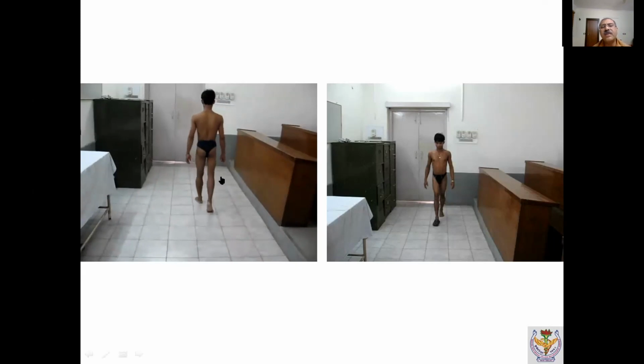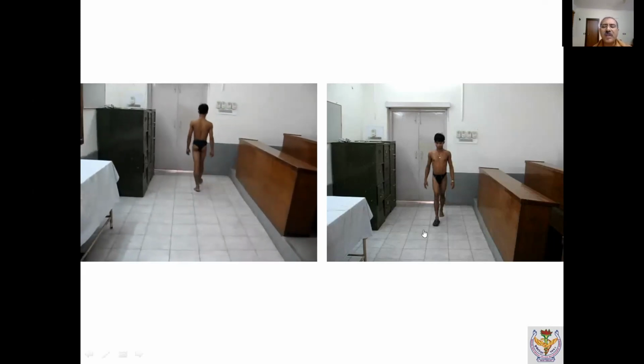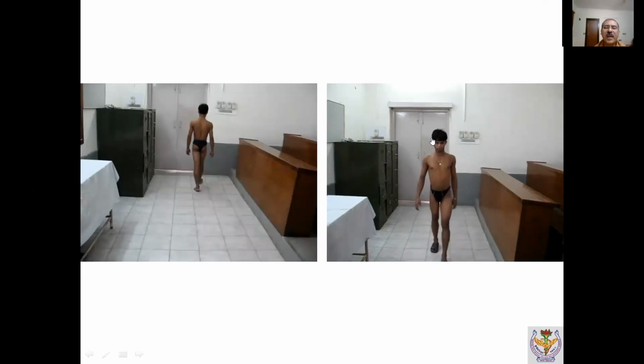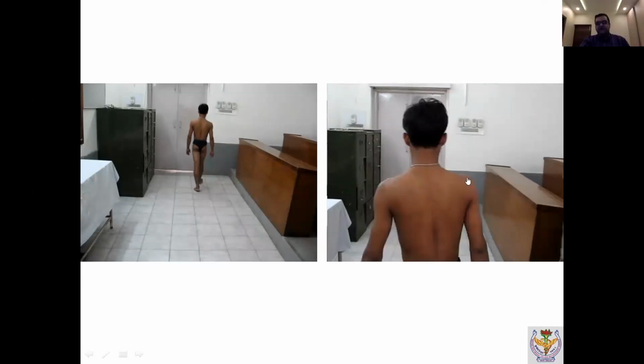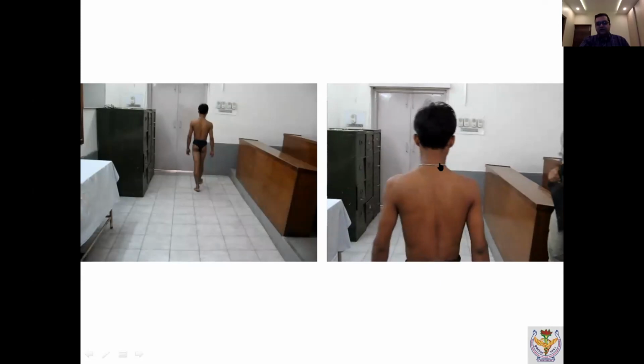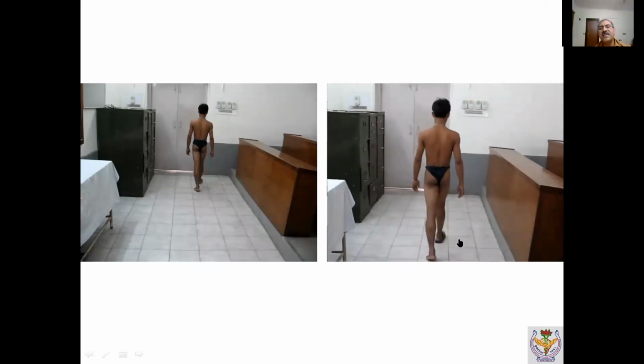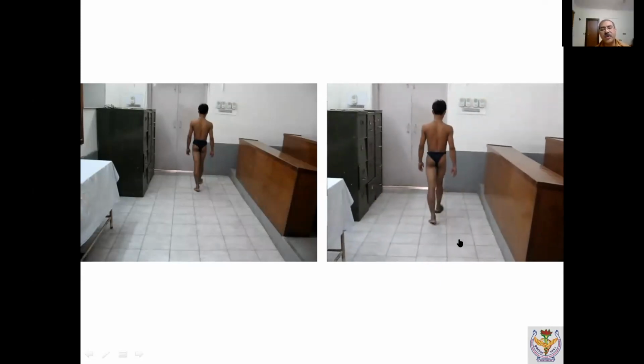Now, to see whether there's a Trendelenburg component, you give a shoe raise and compensate the limb length shortening which is there and make him walk, and you find that the vertical dip is less. The component gets revealed. Sometimes, when we used to do polio surgery, this is where we have to explain to the patient that there's a hip pathology and the shortening.